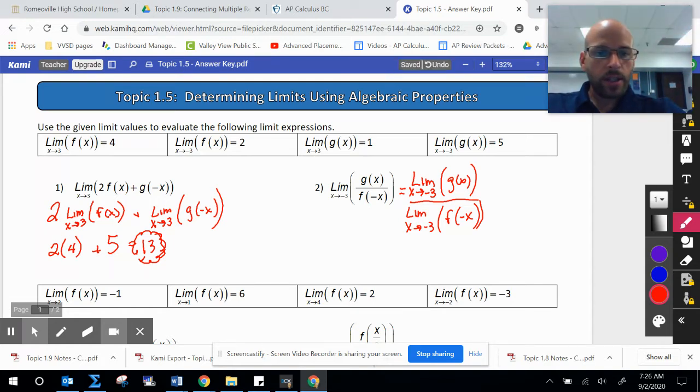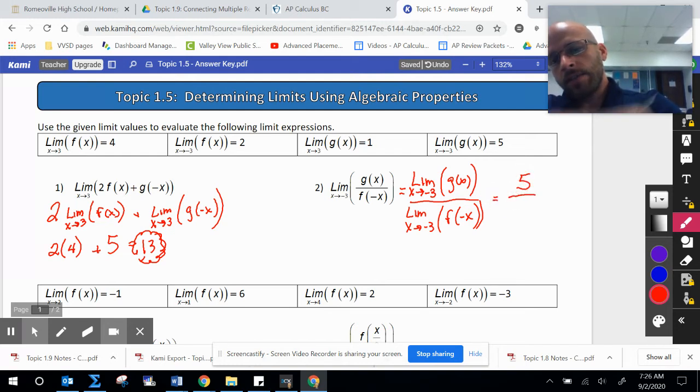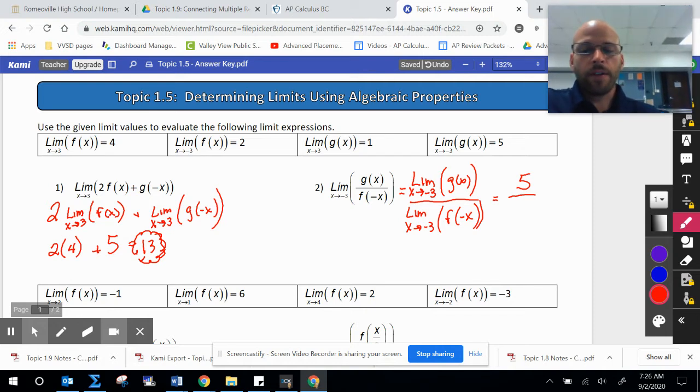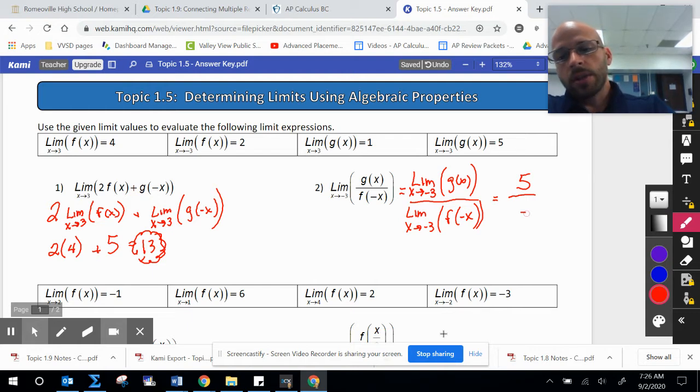And if I evaluate this at negative 3 for the numerator for g, we know that's going to be 5. And if I evaluate on the bottom f of negative x, if I plug negative 3 into that, that's actually going to give me a positive 3, which would be 4. So I would get an answer of 5/4.